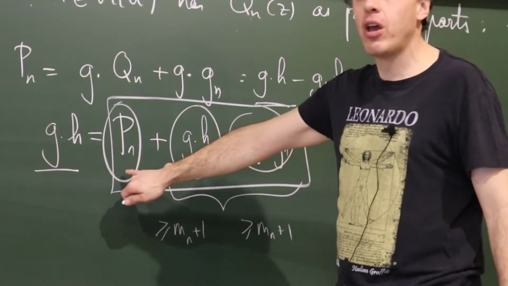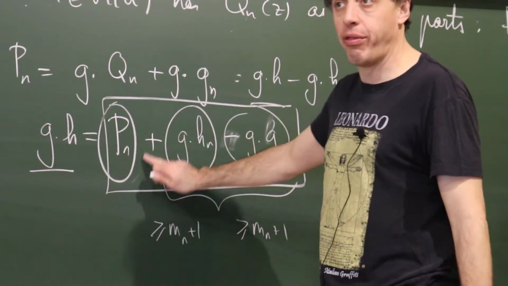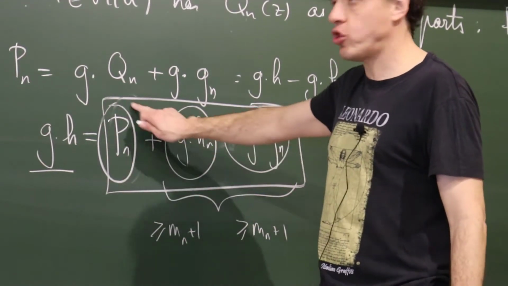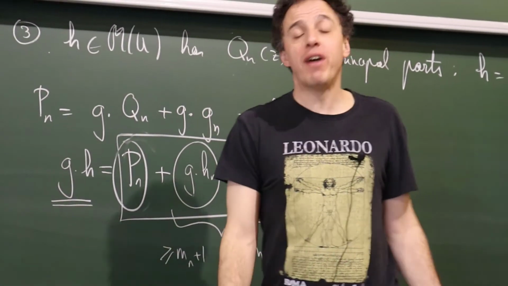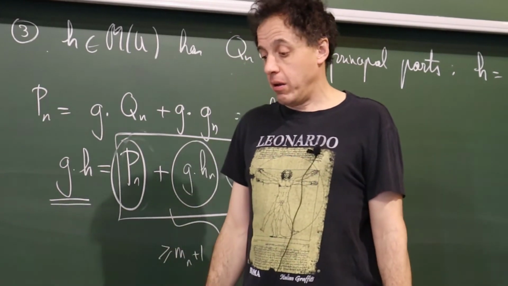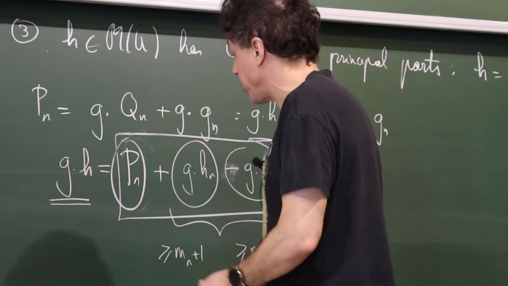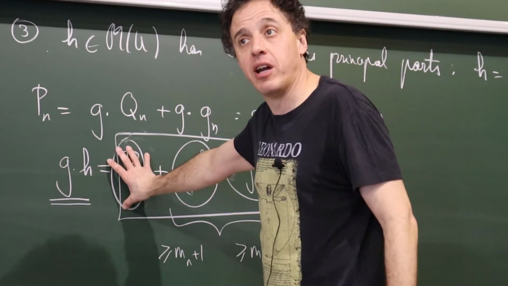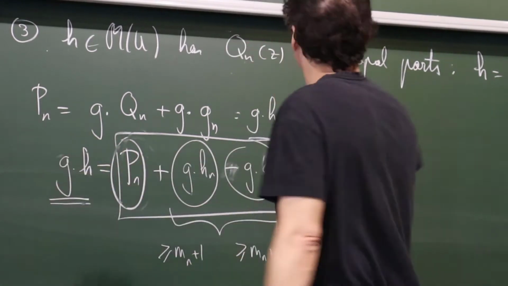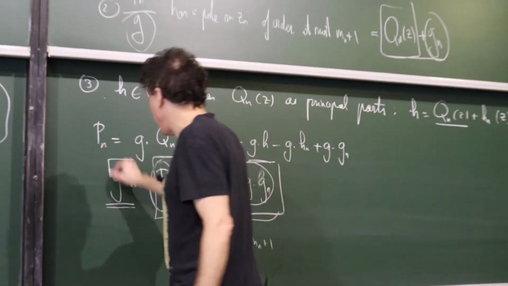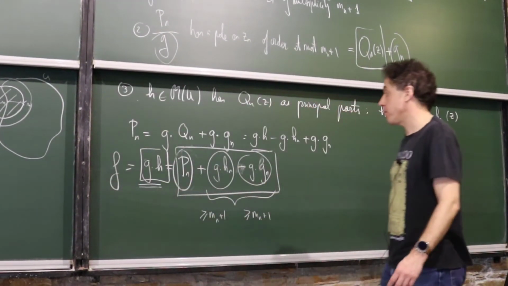So the terms of order smaller than m are all in this term here, Pn. So you have here a function defined in U, such that in the neighborhood of Zn begins with these terms. So this is the beginning of the Taylor expansion of this function, which is what we wanted. So this G h is the function we are looking for.